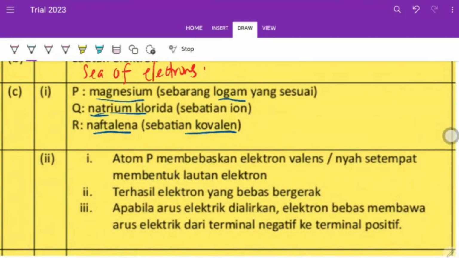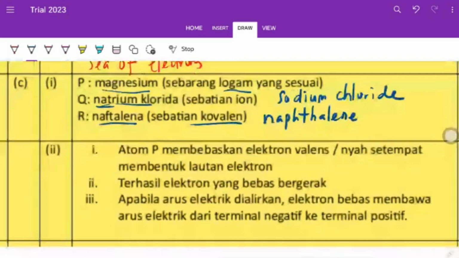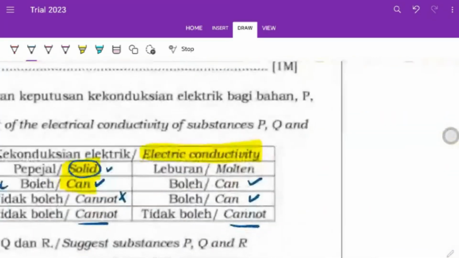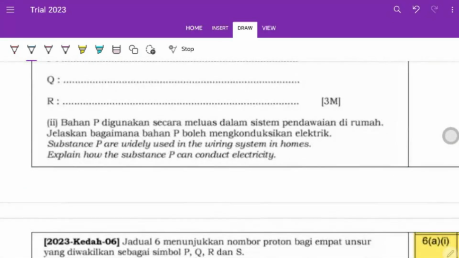You can write in BM, sodium chloride. This is naphthalene. In BM is naftalena. Next. Substance P is widely used in the wiring system in homes.